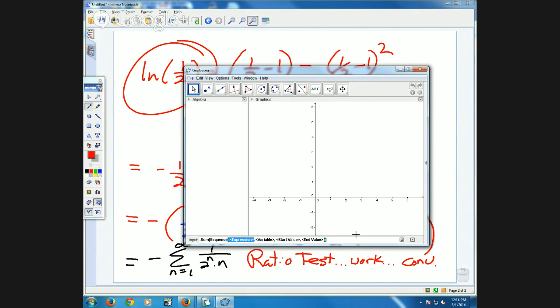My expression is 1 divided by parentheses 2 raised to the n times n. Close the denominator. My variable is n. I'm starting at what? 1 or 0? 1. We want to get that right. And let's say we want to go out 100 terms. Okay, and then enter. GeoGebra says it's about 0.69-ish.